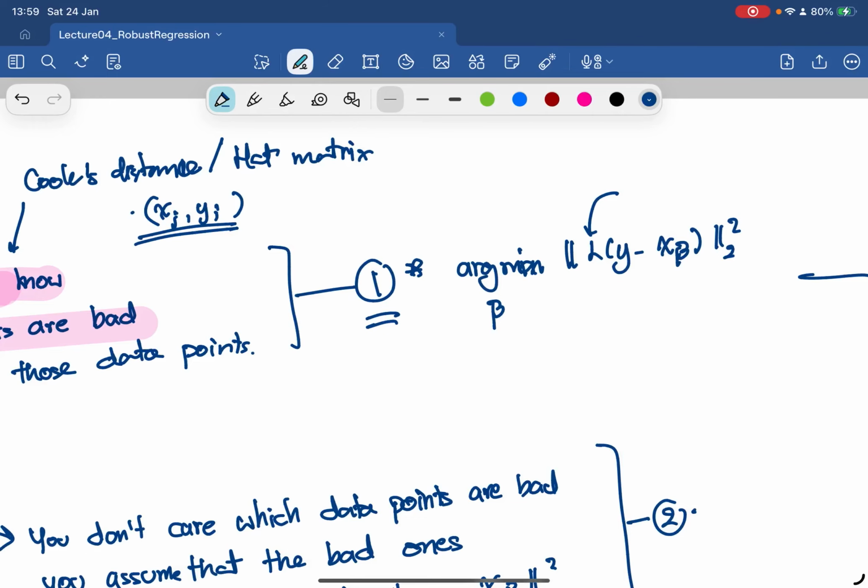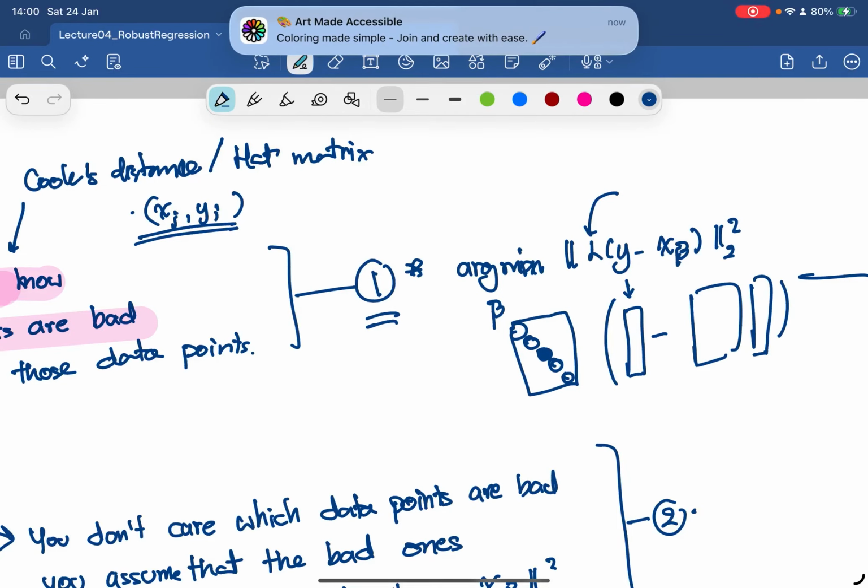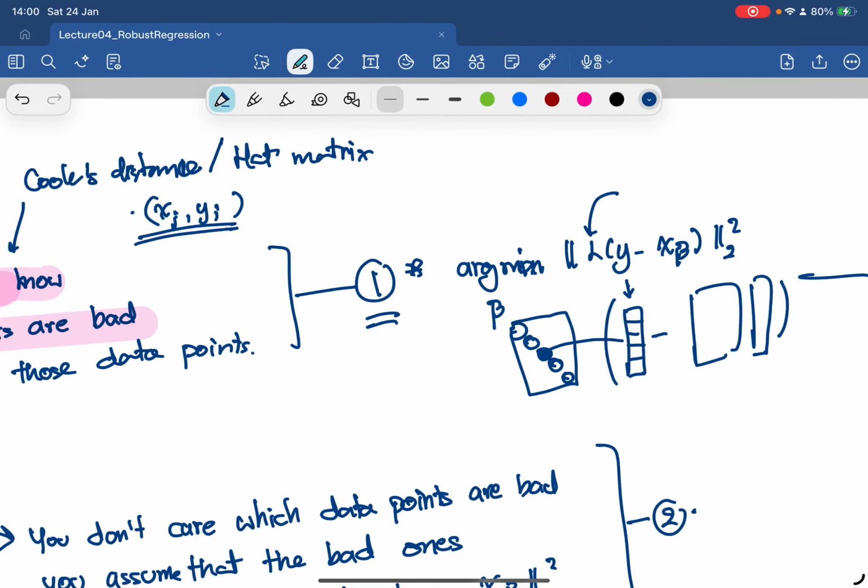If you write this down as matrix vector multiplications, L is a matrix, and you can think of L as a diagonal matrix. That means if you put a high value on a coefficient of the diagonal matrix, the location of the measurement corresponding to it will be emphasized further.